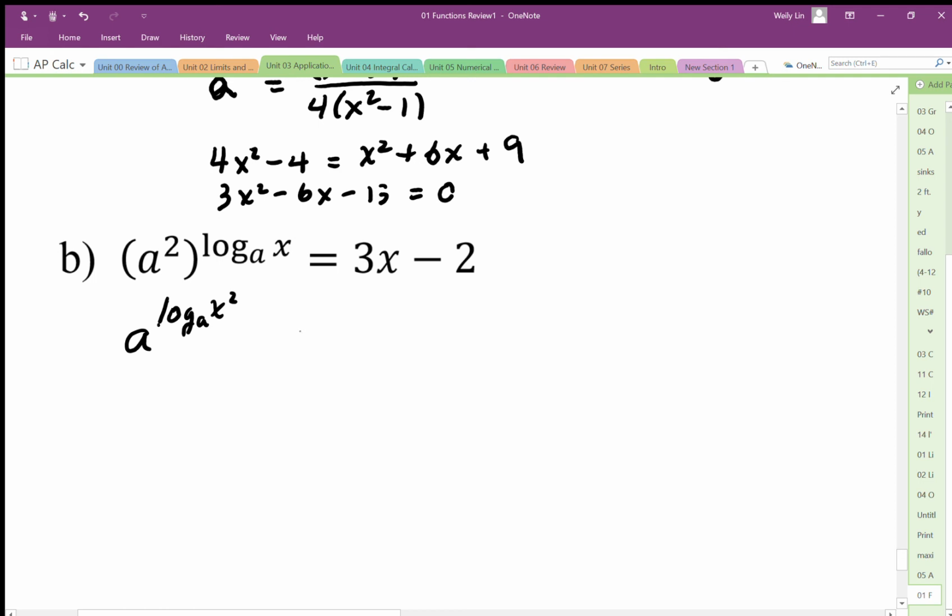Okay, and then we end up with 3x minus 2. So this is an identity. That just becomes x squared equals 3x minus 2. Make it equal to 0 and solve that quadratic.